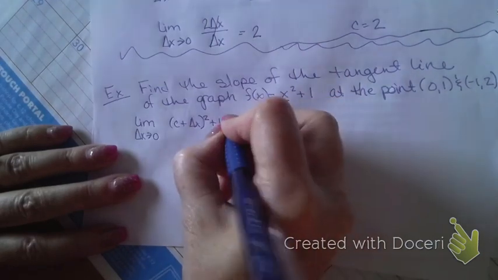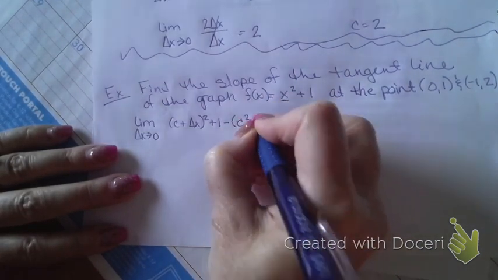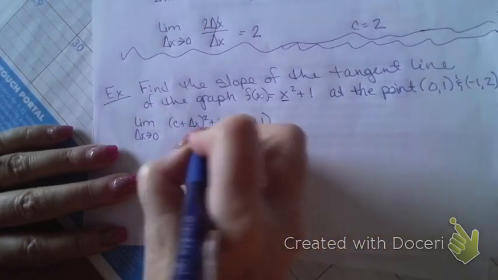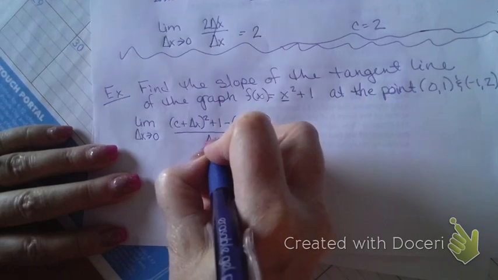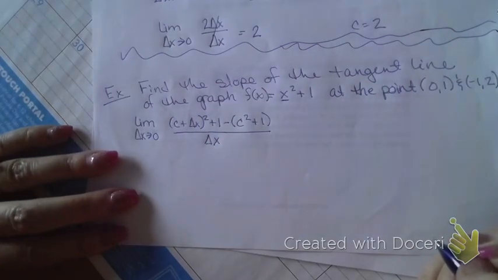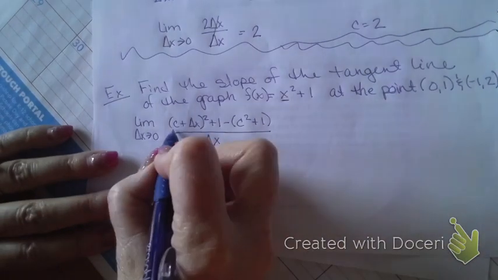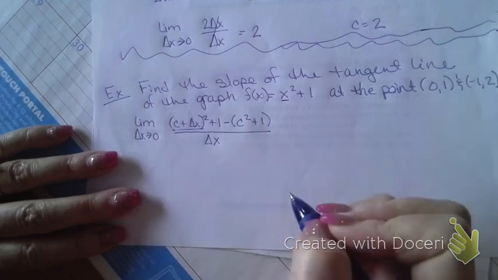So minus parentheses, I plug in a c. C squared plus 1, all over change of x. So that means I have to distribute this out correctly.